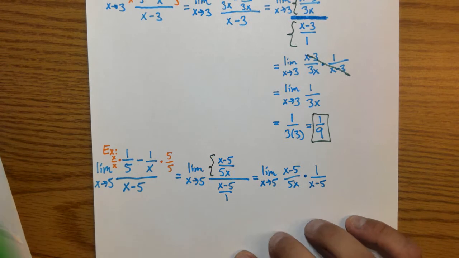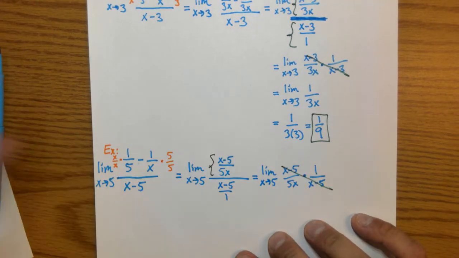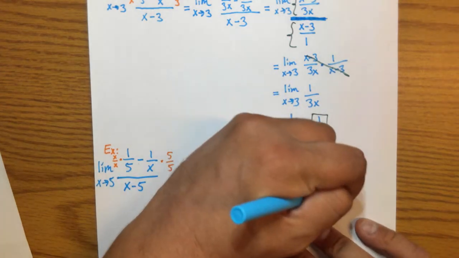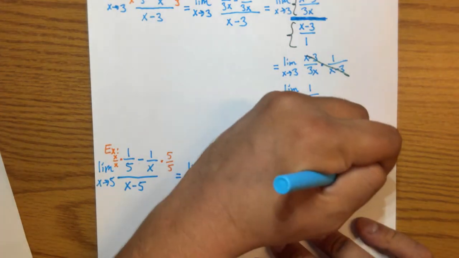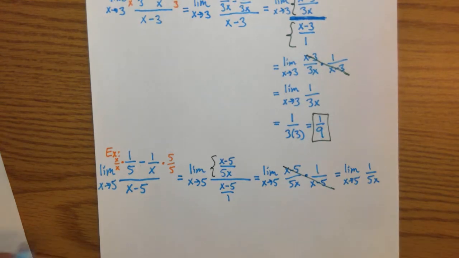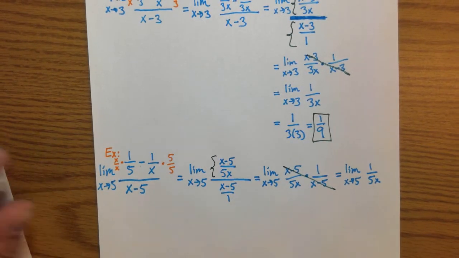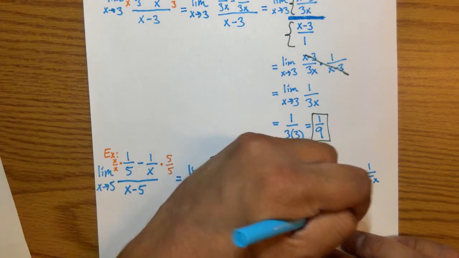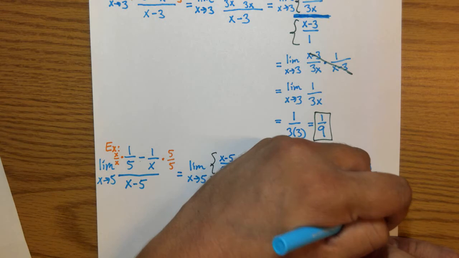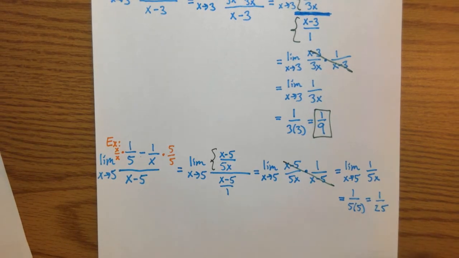And again, you can see that this cancels out, and we're left with the limit as x approaches 5 of 1 over 5x. Finally, we can just plug in 5. We get 1 over 5 times 5, which is 1 over 25.